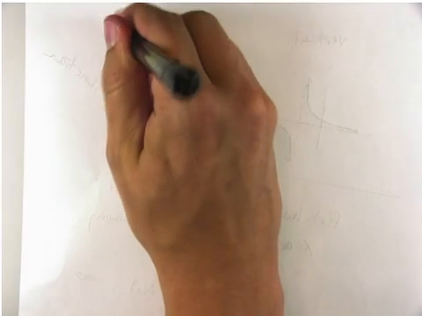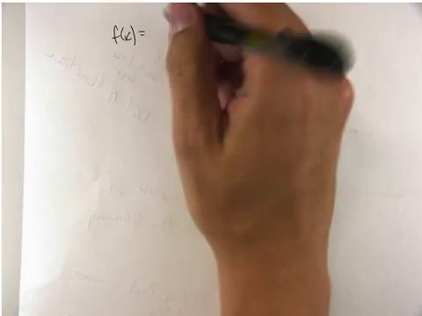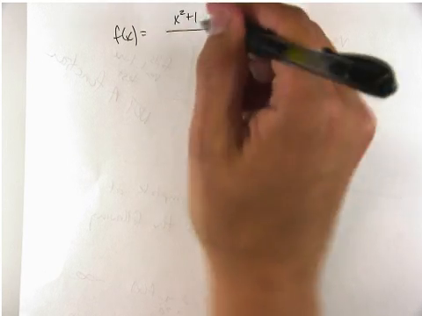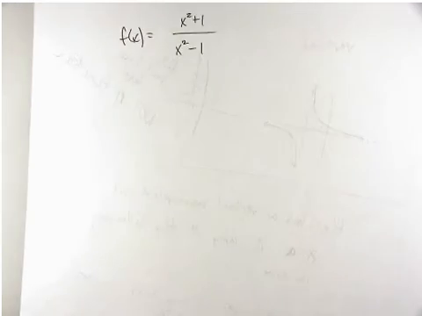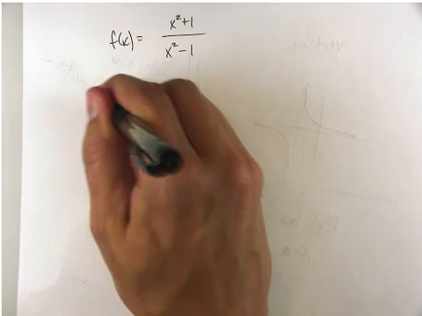So let's look at an example. Let's say f of x equals, how about x squared plus 1 divided by x squared minus 1. That seems like a simple enough function, right? And why don't we do this?